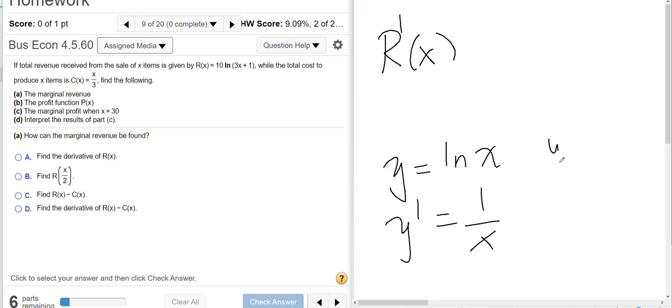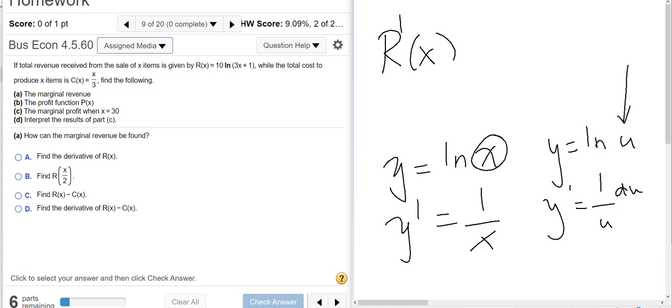And if y is the natural log of u, where u has a derivative, then y prime is 1 over u times the derivative of u, whatever that is, okay? So here, the derivative is 1. We don't have to tack it on, but here you have a differentiable function within the log, so you have to use the chain rule and tack that derivative at the end. Now, if there's a constant in front of this, that constant is also going to be here in your numerator.